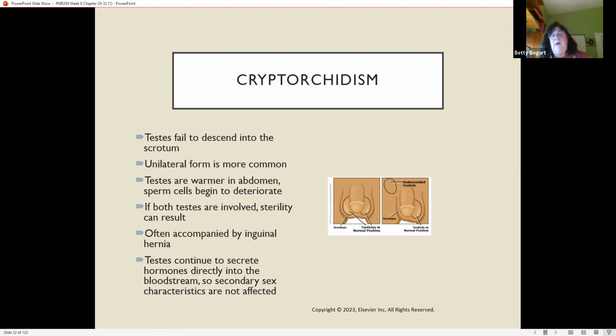Cryptorchidism is when you have a male little baby, you go to the pediatrician first visit. What do they do? Well, they check the hips, of course, but then they check the testicles. Are they in the sac? The best way to check these testicles is when it's warm.